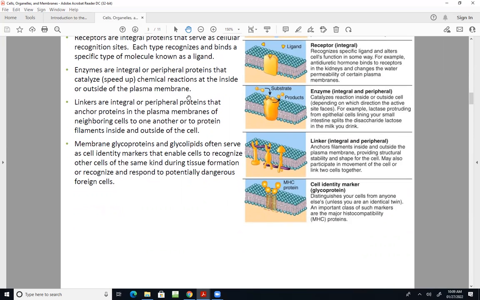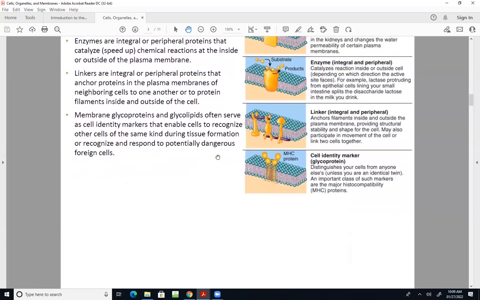Enzymes are integral or peripheral proteins that catalyze or speed up chemical reactions at the inside or the outside of the plasma membrane. So they just help with chemical reaction processes. Linkers, kind of common sense by their name, help link or anchor proteins to one another. So they help with cells connecting. And then membrane glycoproteins and glycolipids. This is what I was talking about with that sugary coat on the previous page.